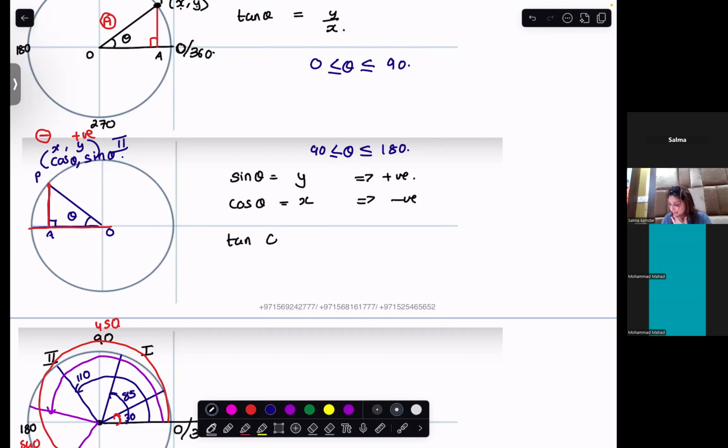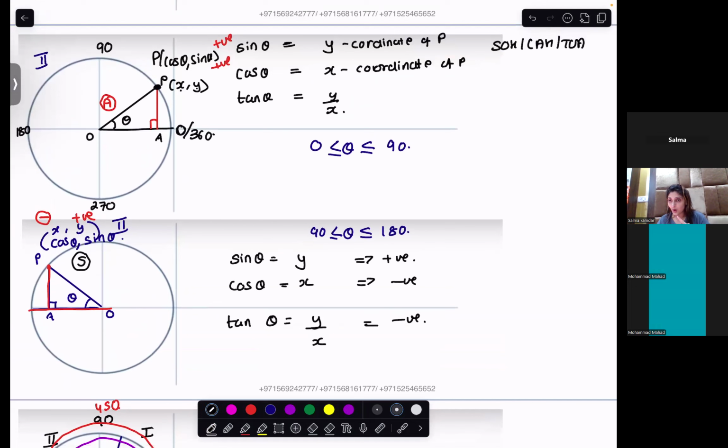And tan theta is going to be y over x, negative. So can I say in the second quadrant only sine is positive? Are you sure with me? So in your first quadrant, all the ratios are positive. In your second quadrant, which is between 90 to 180, only sine is positive.